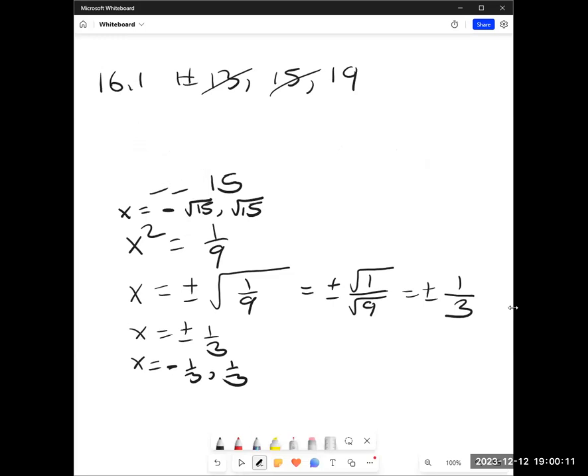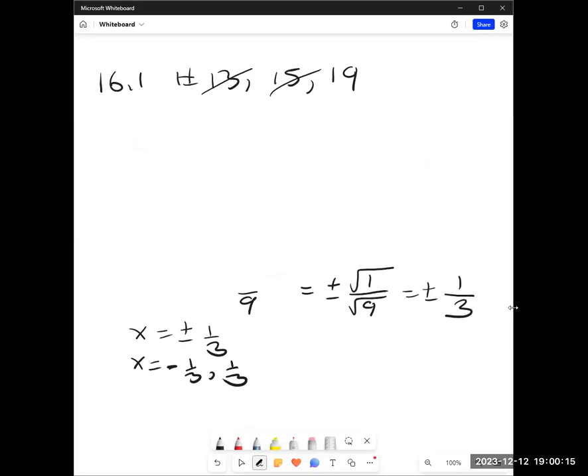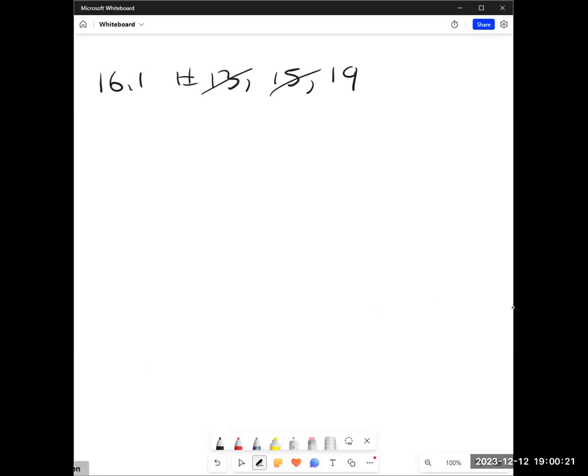All right. Let's go ahead and make some space for our last problem here. 3x squared is equal to 5. So let's go ahead and get x squared by itself by dividing both sides by 3 to start off with.